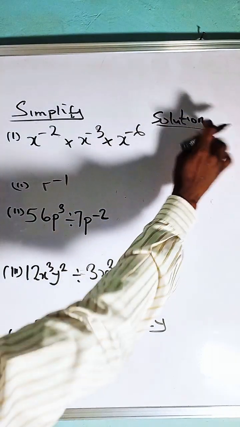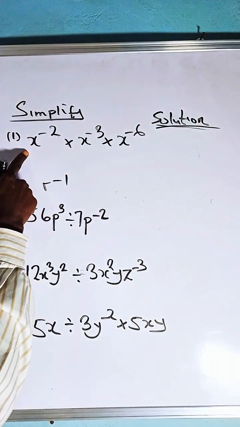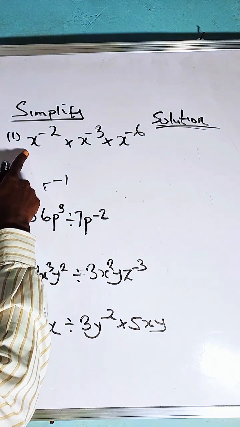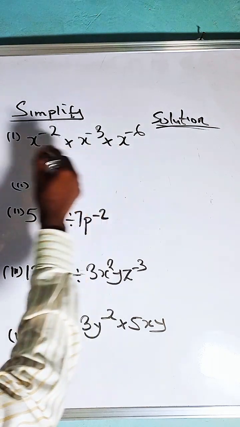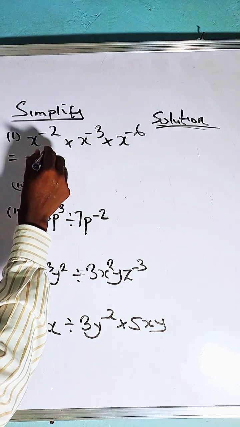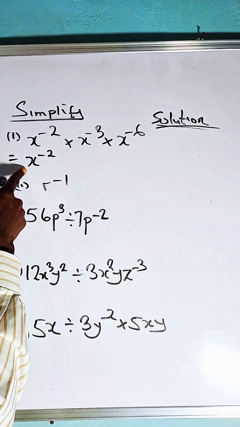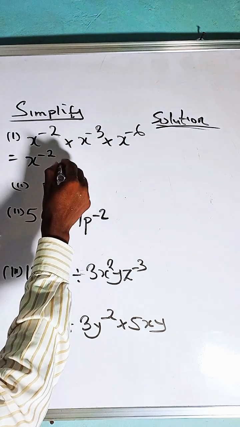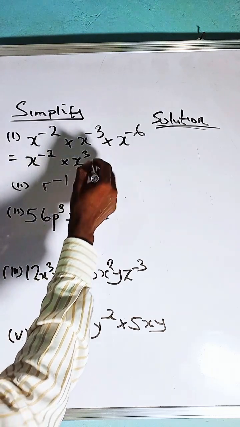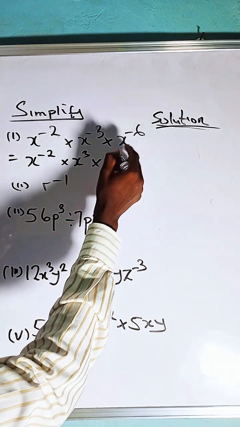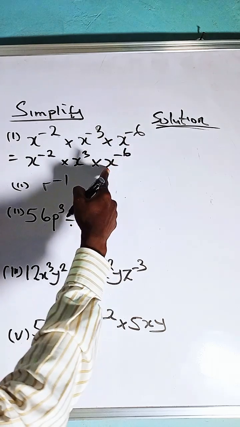We have x to the power minus 2 times x to the power minus 3 times x to the power minus 6. When we look at the powers of x, the first is minus 2, the second is minus 3, and the third is minus 6.